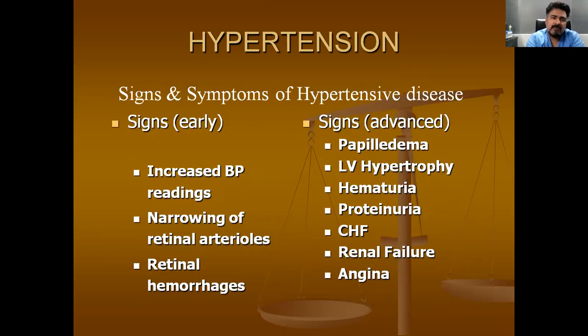Signs and symptoms of hypertensive disease, early signs or advanced signs. In early signs: increased blood pressure readings, narrowing of retinal arterioles, retinal hemorrhages. In advanced signs: papilledema, LV hypertrophy, hematuria, proteinuria, CHF, renal failure, and angina are the signs of advanced hypertensive disease.